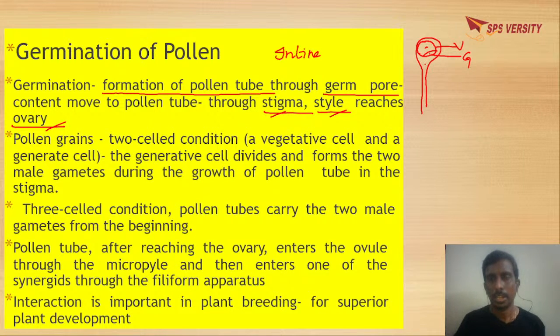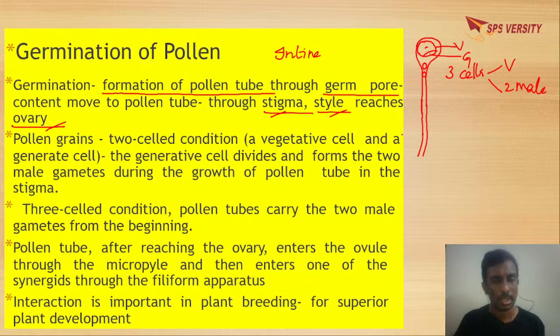So the pollen tube will carry three cells initially: one vegetative cell and two male gametes. Along with the pollen tube, these three cells reach the ovary, that is, from stigma to style to ovary, and then they enter the ovary.